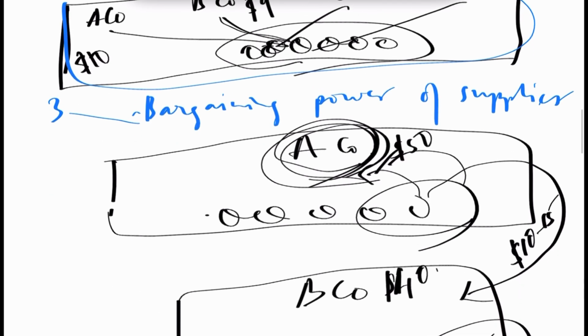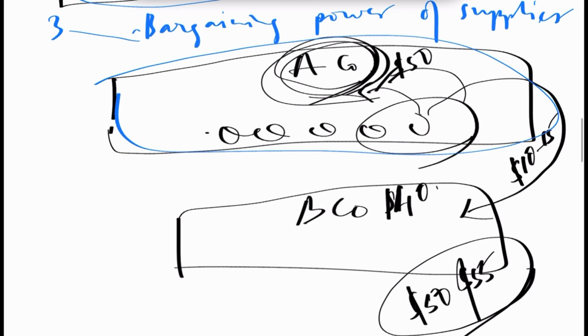Here the bargaining power of supplier is high, because in this market only one company is there, that is A company, and if the buyers want to buy at low cost, then they have to bear extra switching cost, like transportation cost and all. So they will purchase from A company. So here the bargaining power of supplier is high.